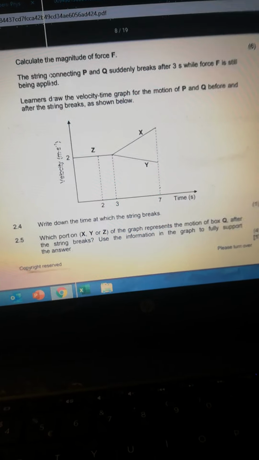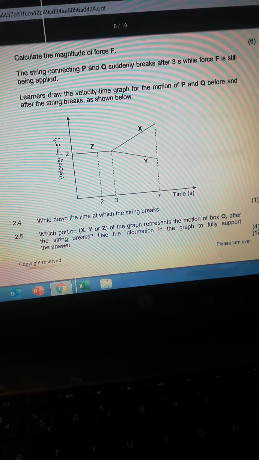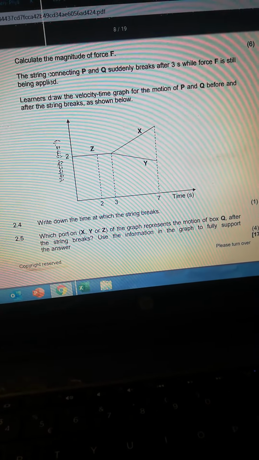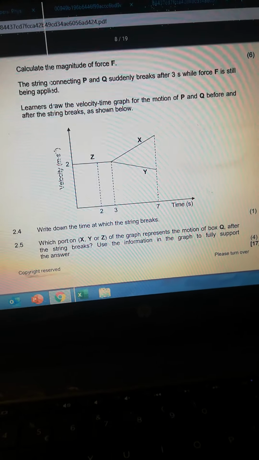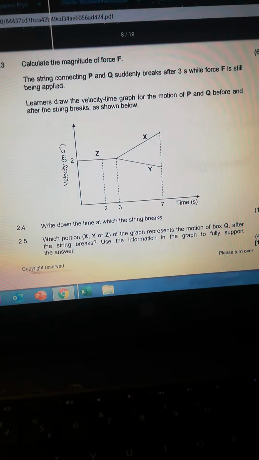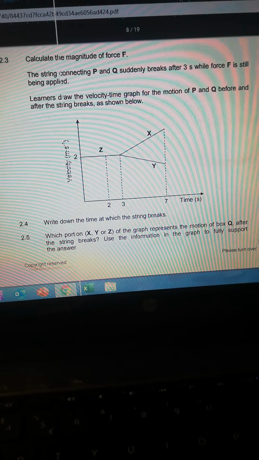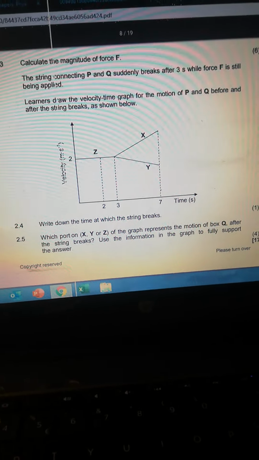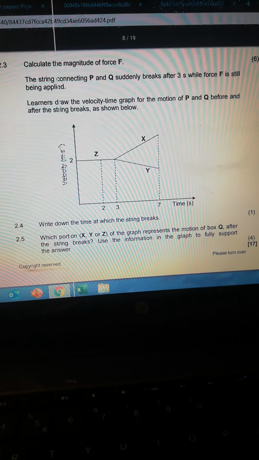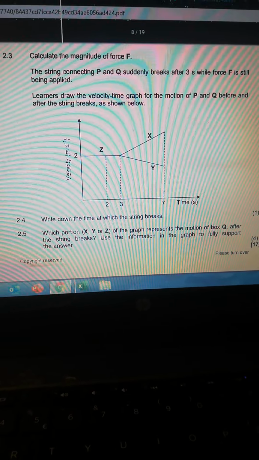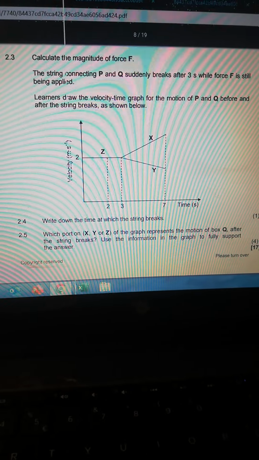As you can see in this graph, write down the time at which the string breaks. We were told that after the force F was applied, after 3 seconds, this string broke. So we can say our answer for 2.4 is just 3 seconds, right?